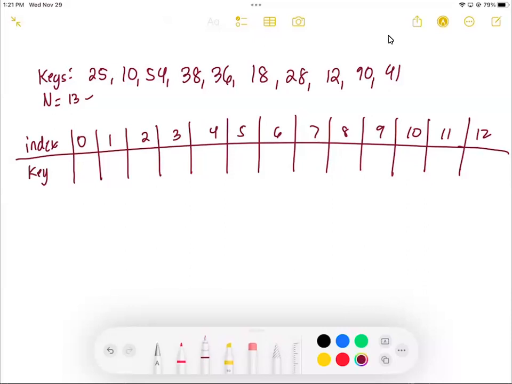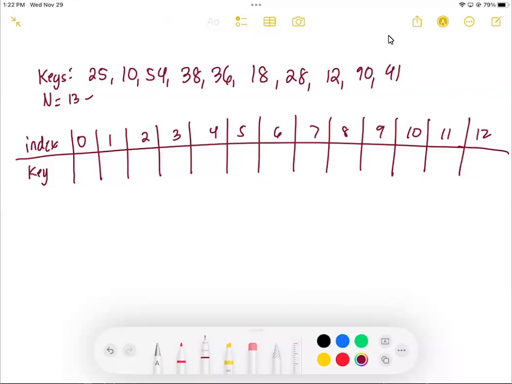The easiest, simplest hash function is taking the modulo, essentially compressing the values into the hash table. If you remember, the formula is key modulo the number of buckets, or n in this case. In this case, it's 13.